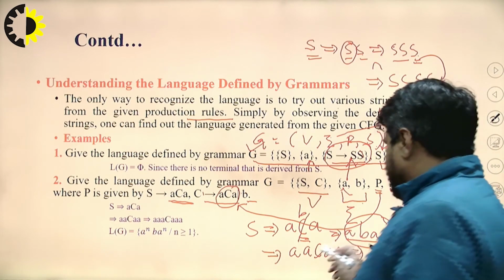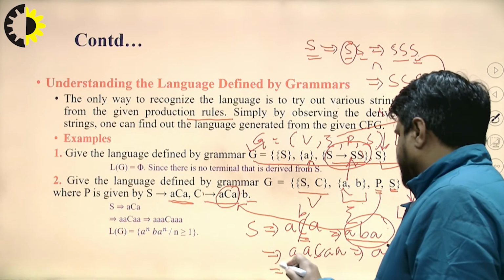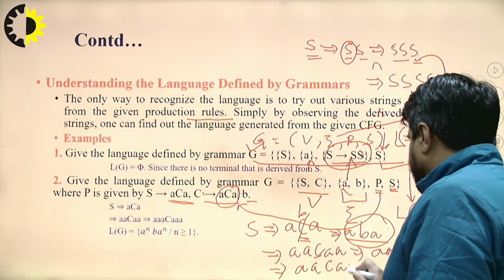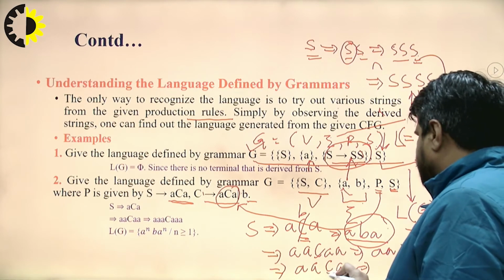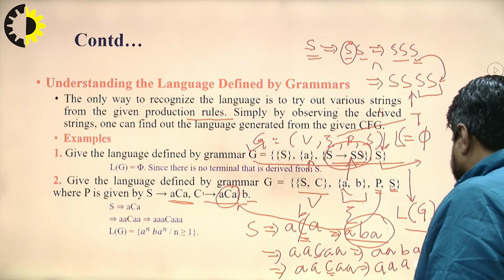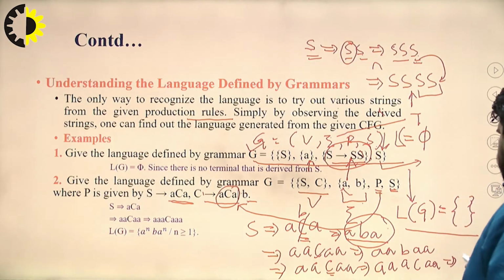If we replace this C by aCa, another further enhancement, suppose I have written aaCaa, and we again replace this C by aCa, so the value will be aaaCaaa, and to terminate it, we replace this C by b. So we will get aaabaaa, right?